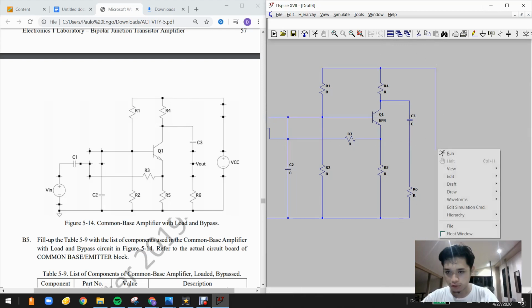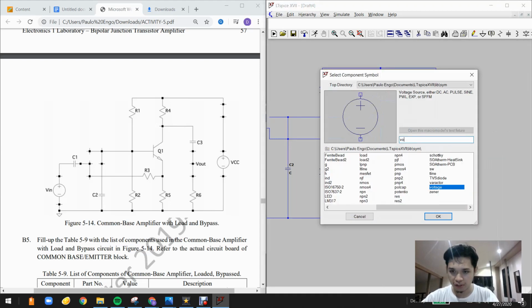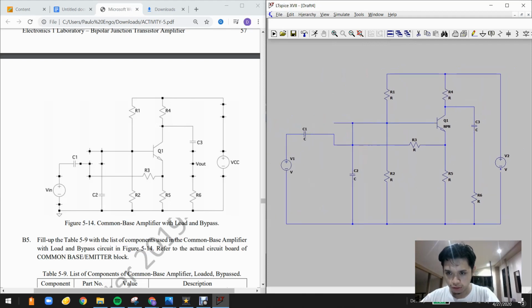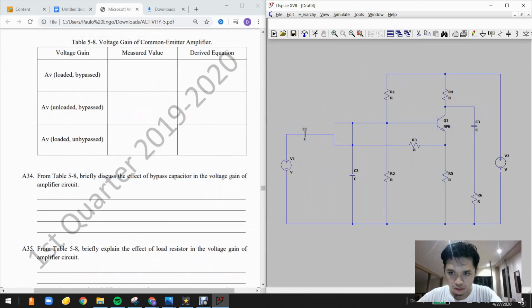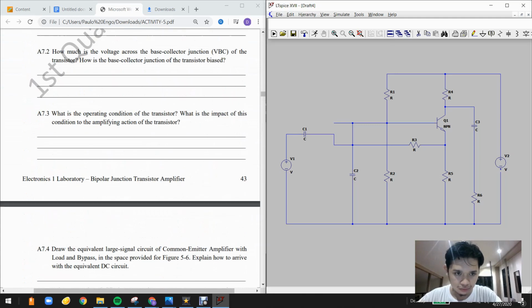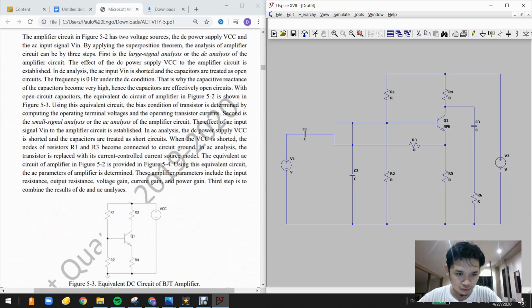Then this is where our VCC component is. Now we'll just have to. There we go. So next is labeling the parts.